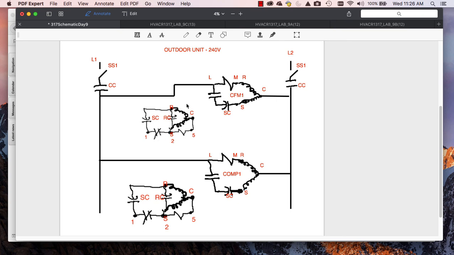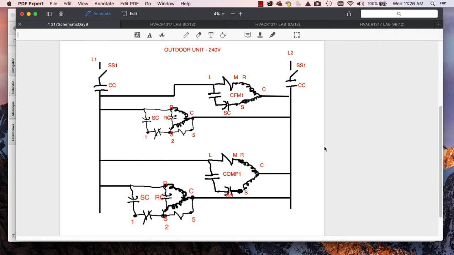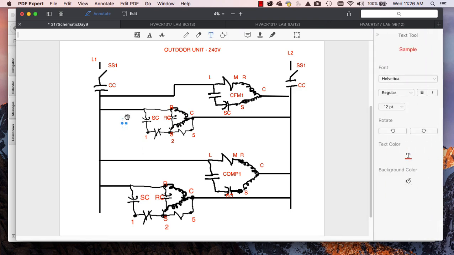Okay, so this is my CFM2, and this is my compressor 2. Let's go ahead and wire that in. And let's label this so we don't lose track of where we're at.